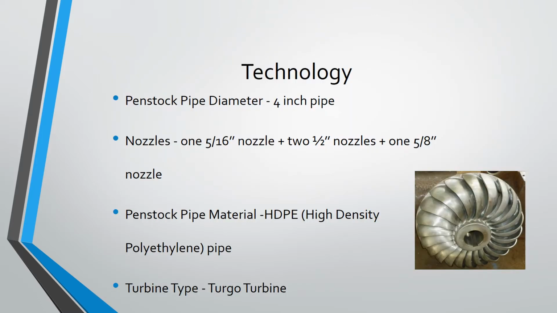Alright, when trying to decide the penstock pipe material, I decided to do the HDPE, which is the high density polyethylene pipe. This is because there is 65 feet of head, which will cause pressure to build up.